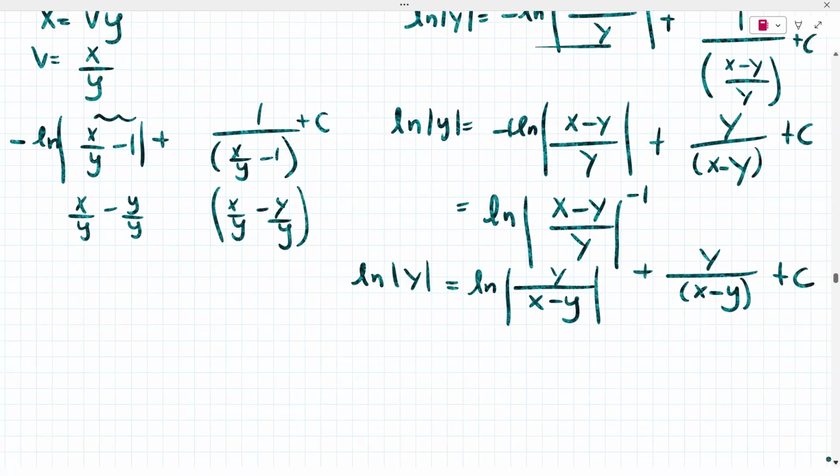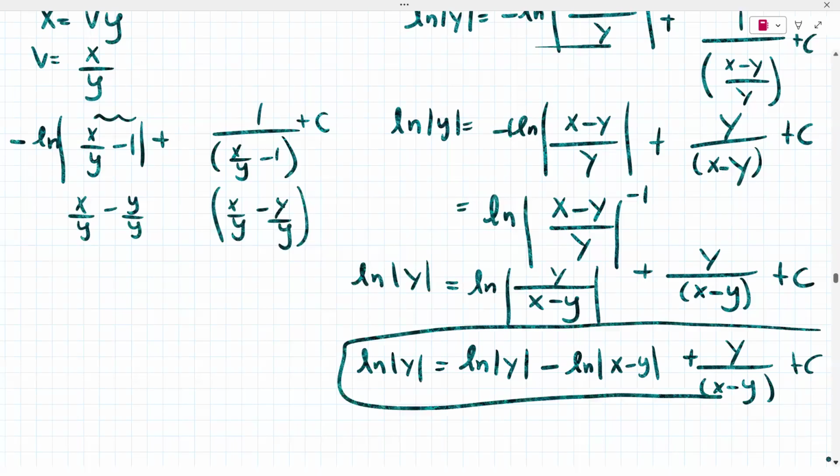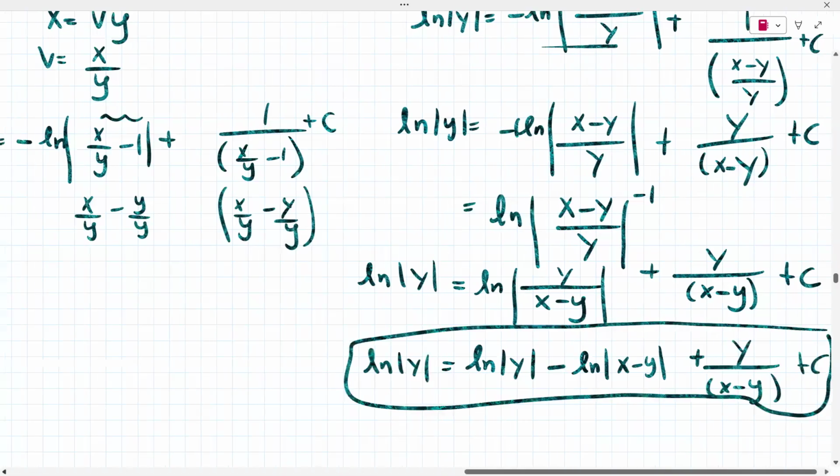If you want to expand, we're dividing. This would be ln of absolute value y minus ln of absolute value of x minus y. Then this stays the same, and this is still ln of absolute value y. And I guess this could be your final answer. Okay, that was all on that problem. So let's move on.